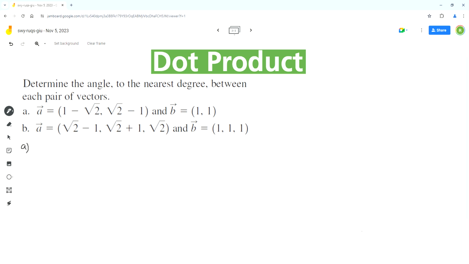In order to find the angle between the vectors, we should use the dot product equation. So let's start by writing the dot product equation for vectors a and b.